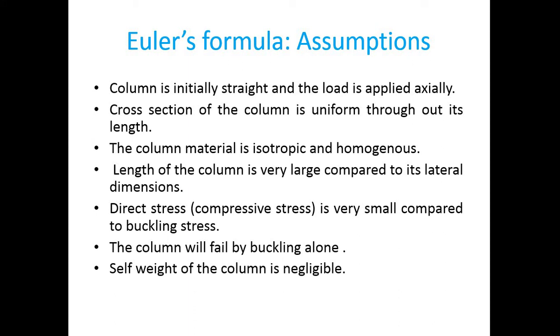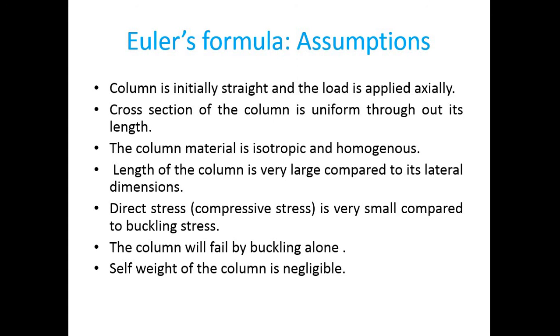Now the next very important topic is Euler's formula. So you must study what is Euler's formula, then the assumptions of Euler's formula, and the last one is the limitations of Euler's formula. Now we can discuss the assumptions. The first assumption is the column is initially straight and the load is applied axially. Cross-section of the column is uniform throughout its length.